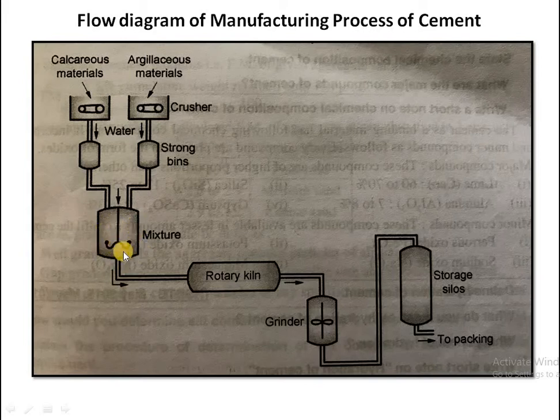And then this homogeneous mixture of raw material is further processed for heating and burning in a rotary kiln at a high temperature, about 1300 to 1500 degrees Celsius. After that, the burnt product is reground in a grinder, and while grinding we add some amount of gypsum, about 2 to 3%, and then finally we get the finely ground product which is called cement, which can be further processed for packaging purposes.